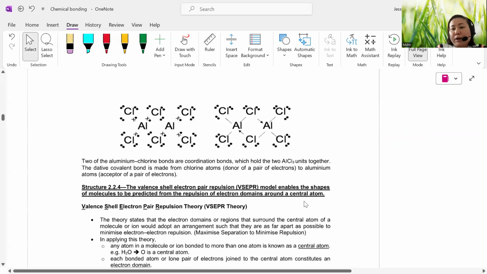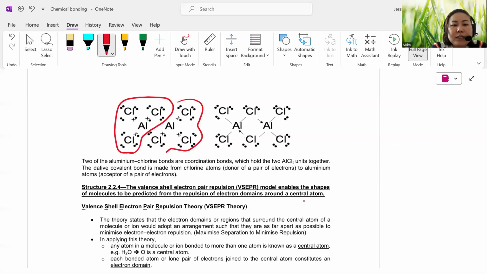And again, the driving force behind dimerization and coordination bond formation in this case is also trying to achieve a stable electronic configuration. So you can see this is AlCl3, 1 unit, and this is the other unit of AlCl3. Looking at aluminium, before dimerization happens, it has only 6 electrons.